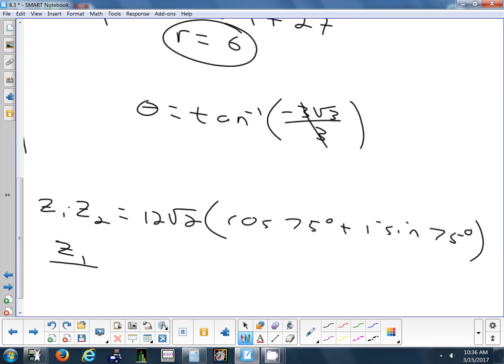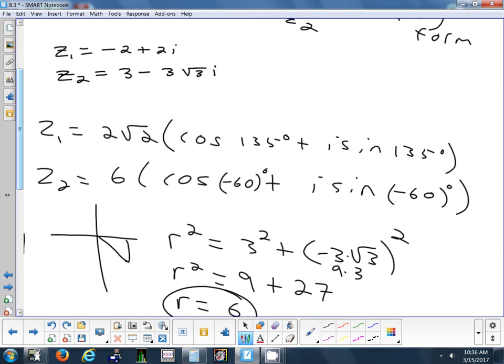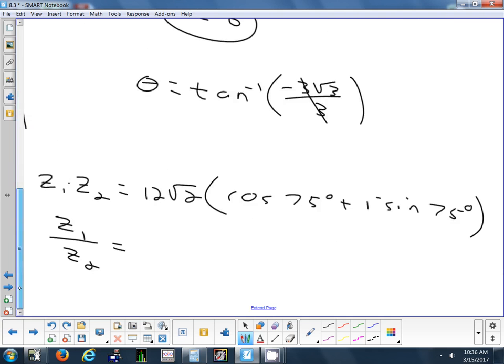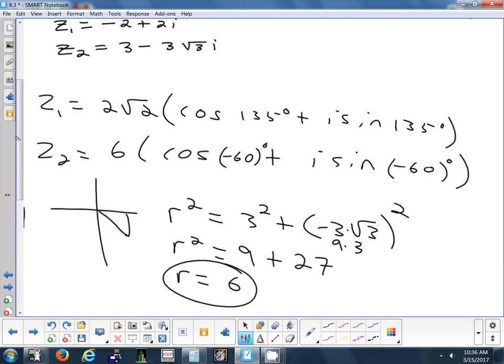And what about our radius when we divide them? Square root 2 over 3. Yep. So that's my radius. And this is why I changed my mind about changing the angle to a negative. Because what's going to happen when you divide? What do you do with the angles? You subtract them.